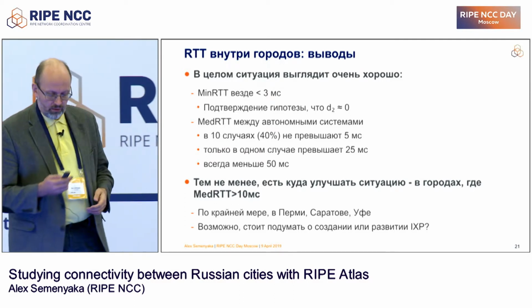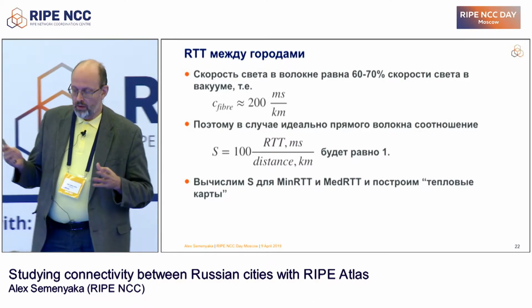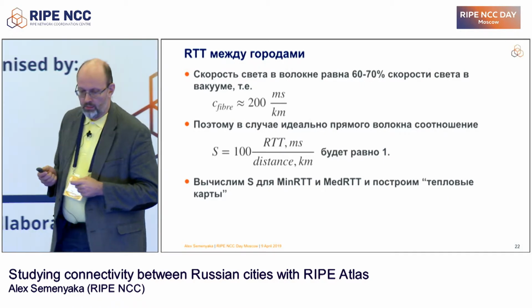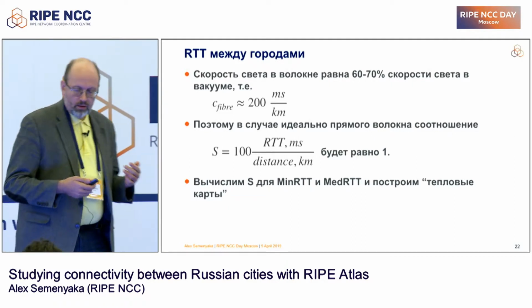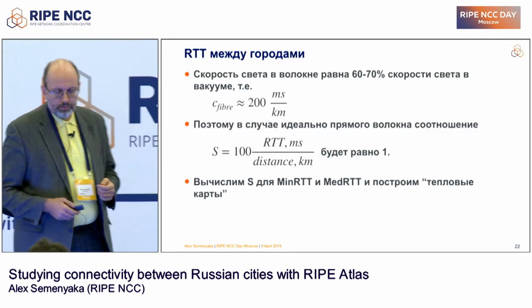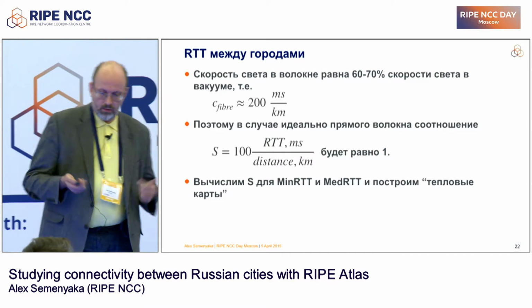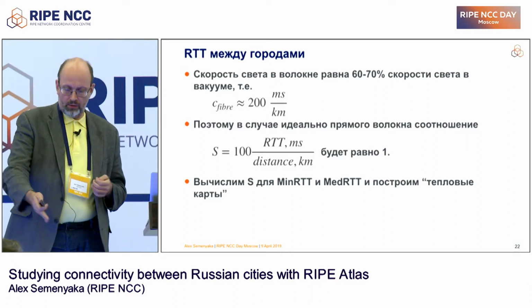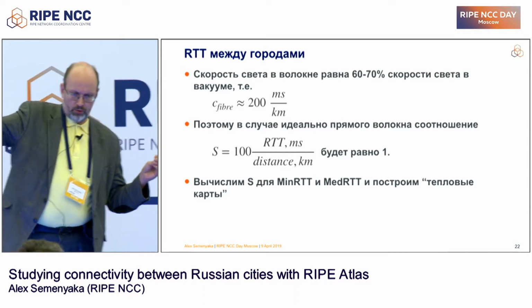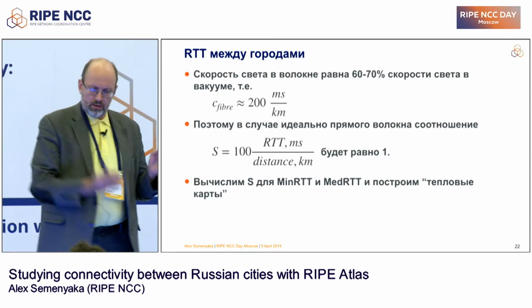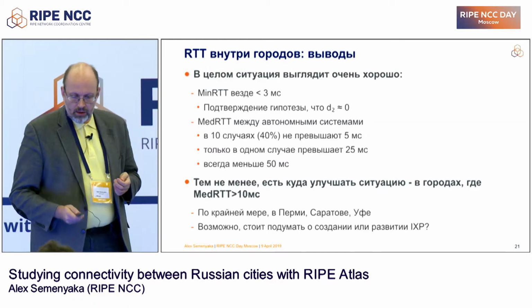Ufa has a local IXP, and you might think they should have already resolved this problem, but so far they've done nothing. And the last part of this research, between the cities, and this is the last formula in this presentation: if the speed inside the fiber is 200 kilometers per millisecond, it should be kilometers over milliseconds, not the other way around, then the S value should be around 1, if the fiber is absolutely smooth and runs between point A and point B without any deviations.